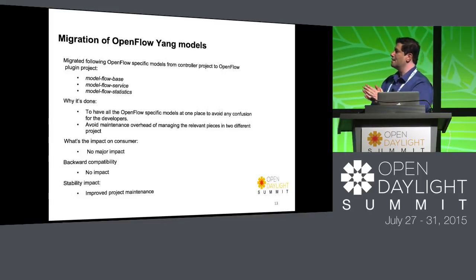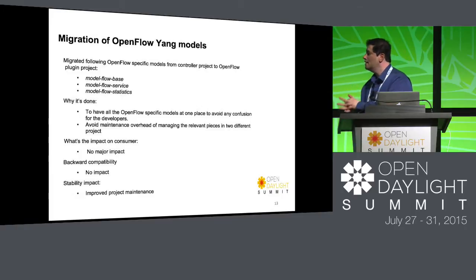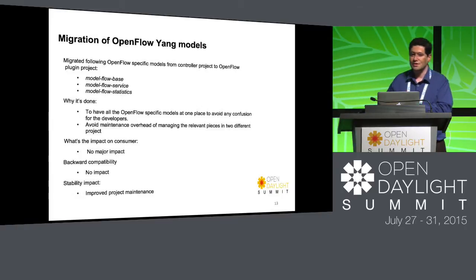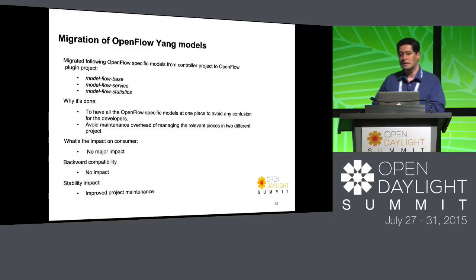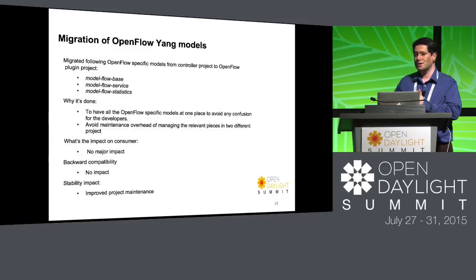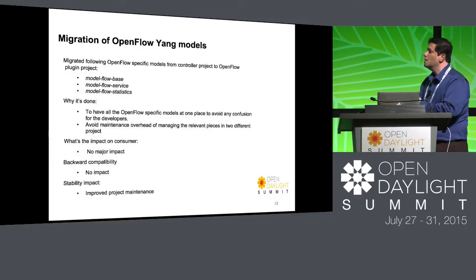So the thought was to move all of these OpenFlow specific models into one place to avoid any confusion for the developers. In a way, this is more of improved project maintenance; other than that, there's not much impact with this.